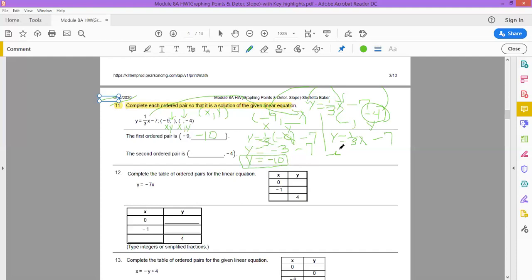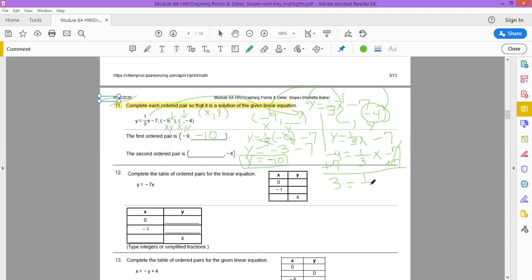So -4 equals 1/3 x minus 7, and we're going to solve the equation for x. To solve this equation for x, we first get rid of the 7. So we're going to add 7 to both sides of the equation. The 7s will cancel on the right side, and on the left side, -4 plus 7 gives us 3.